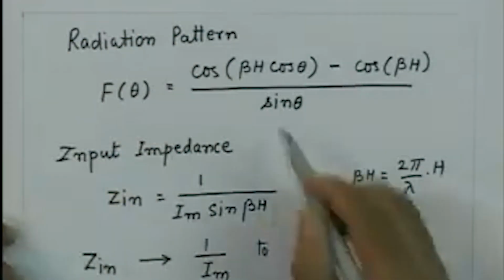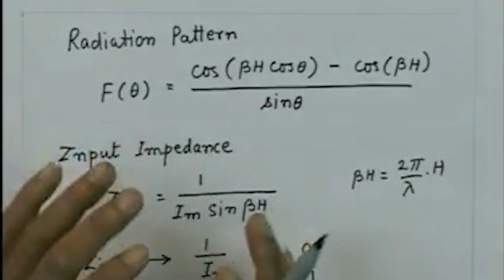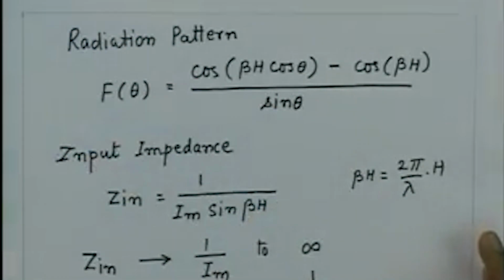So, normally instead of investigating the radiation pattern in great detail, what we normally do very roughly, we try to see what are the directions in which the radiation pattern becomes 0. That means, what are the directions in which there is no electric field. If you take two consecutive directions where the electric field has gone to 0, then in between these two directions the electric field must have gone to maximum somewhere.